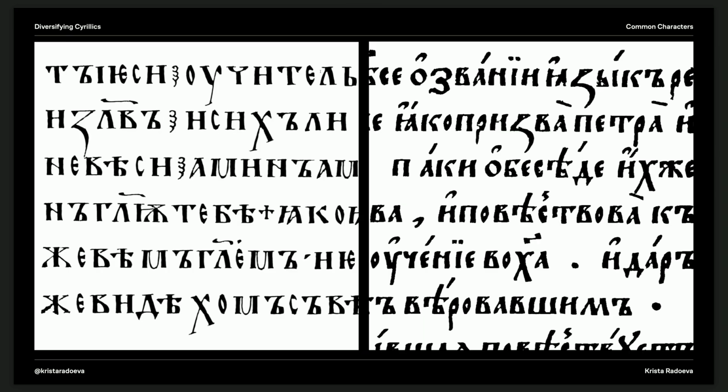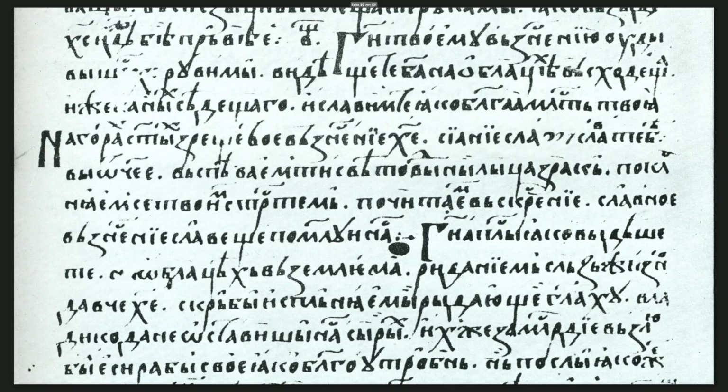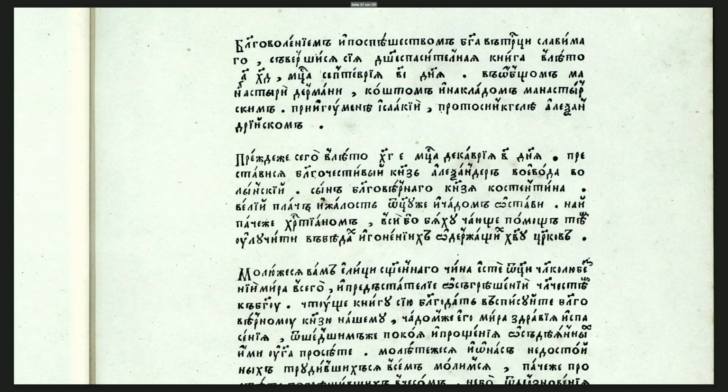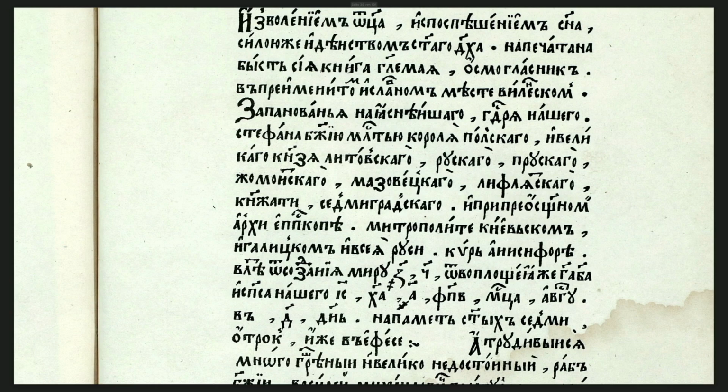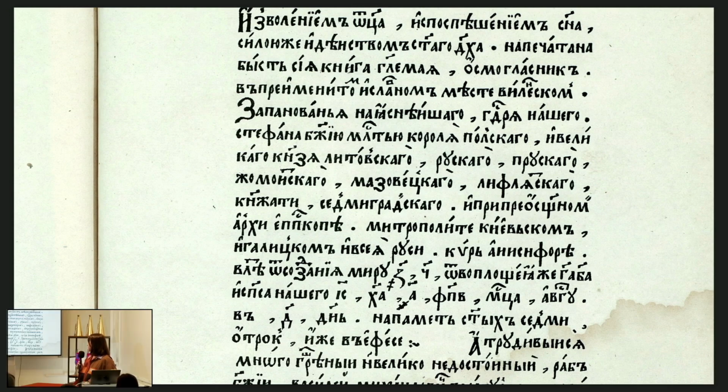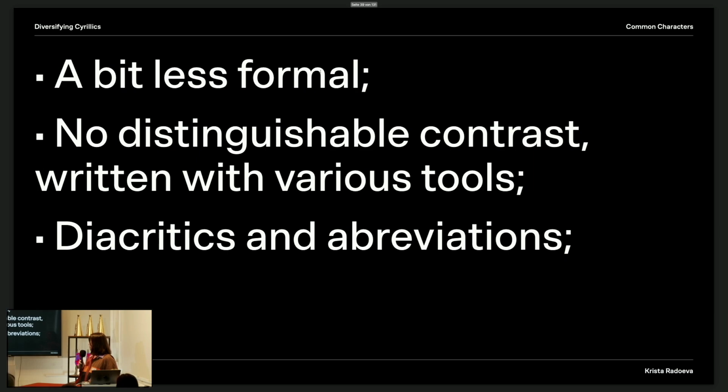It's just a less formal version of the Ustav, a much more casual way of writing, maybe just less contrast, but yeah, some examples here. It's written with different rules, and there are no distinguishable rules of contrast. It's certainly not the same as what Latin had.